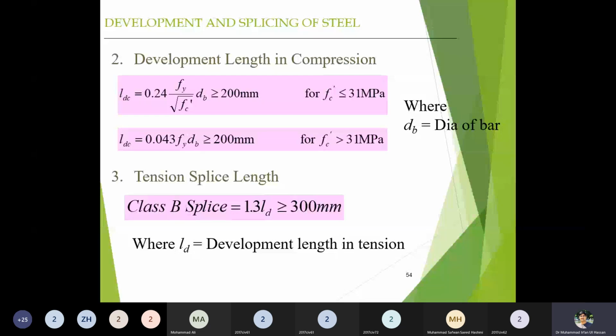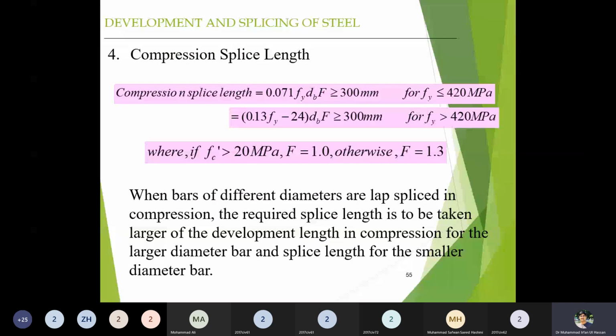A Class B splice is 1.3 times Ld. So we have to see which kind of splice it is, in compression or in tension. If the splice is in compression, then we will use these expressions. So every value is clear, and you can use these formulae to compute the required development length and splice length.